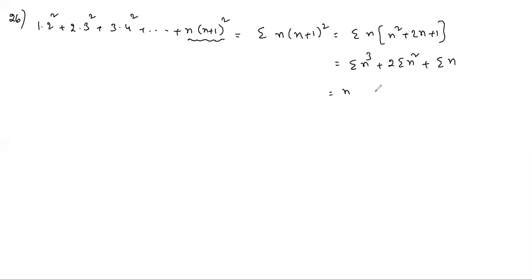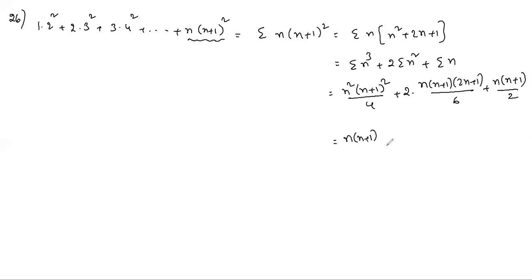Sigma n cube is n square into (n plus 1) whole square by 4, sigma n square is n into (n plus 1) into (2n plus 1) by 6, and sigma n is n into (n plus 1) by 2. Taking n into (n plus 1) common, with 4, 6, 2 and LCM 12: 3 times gives 3n square plus 3n, and 2 times 2 into (2n plus 1) gives 8n plus 4, plus 6 times.